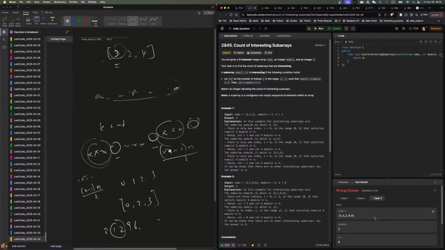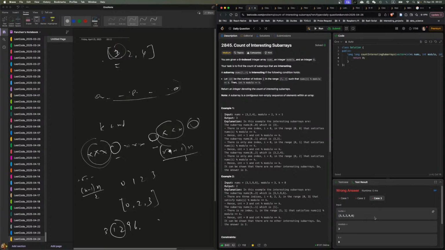Where does 4 come from? How come it's 4? Oh yeah, it is 4, because you have 3.